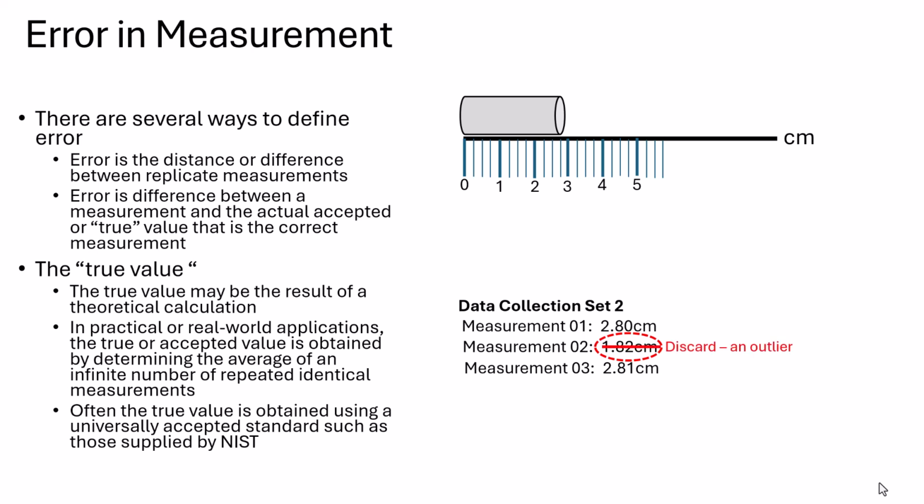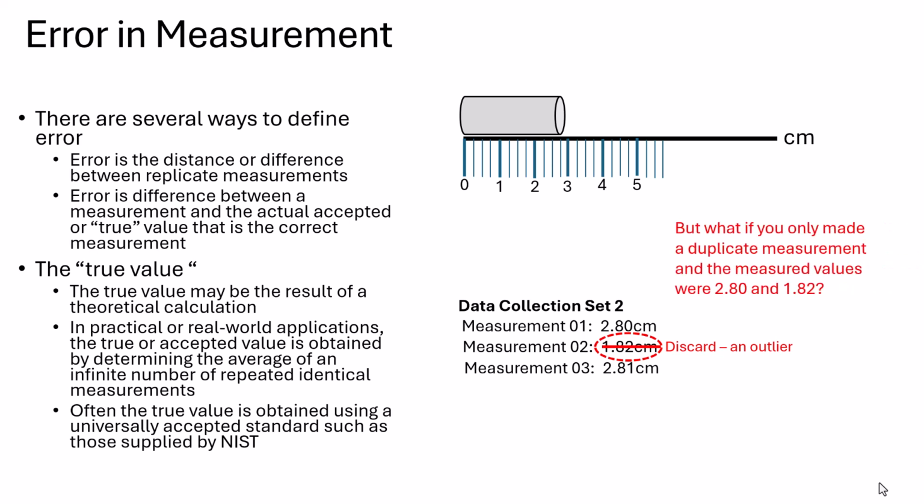So we call this an outlier, and we would discard it. In the final segment, segment 10, when we describe some basic statistics, there is a statistical test known as the Q-test that allows you to statistically discard an outlier, and we will cover that in segment 10.